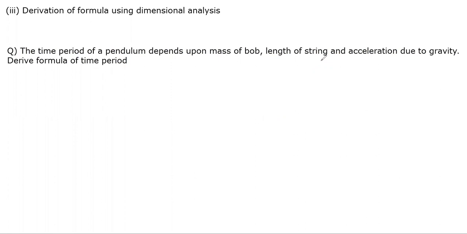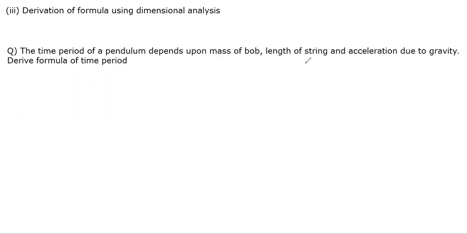Whenever a question like this comes for derivation, and it is given that the time period depends on a few quantities, you have to think that it can only be done by dimensional analysis. There will be several questions like this in your notebook, in your books. So let us see how we have to do these questions.